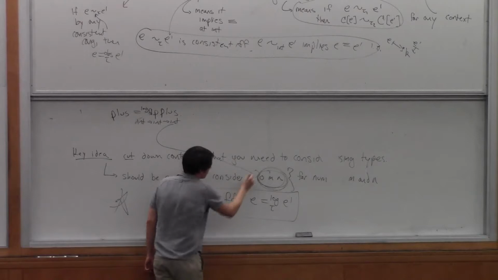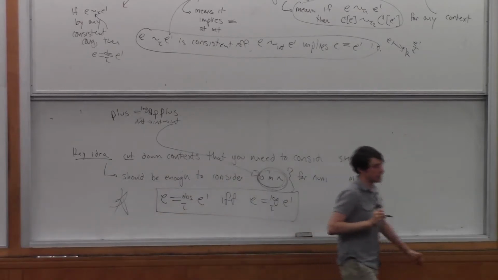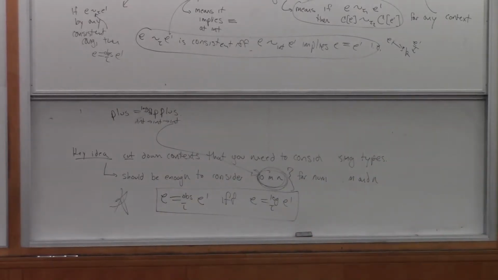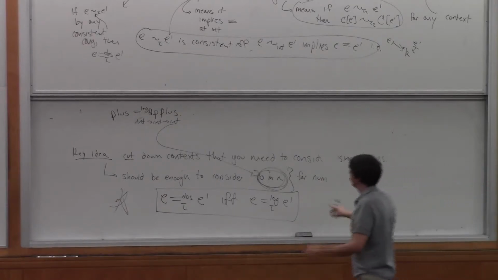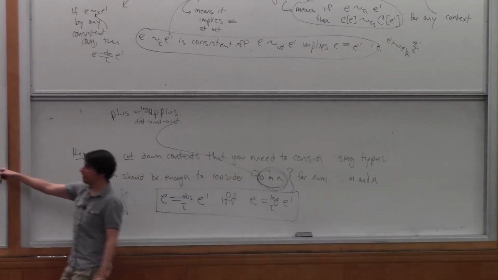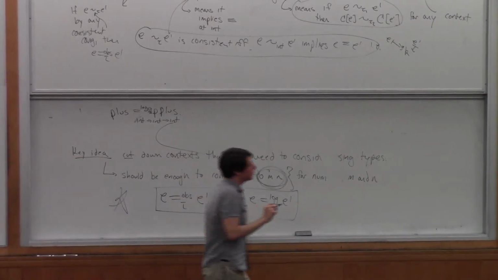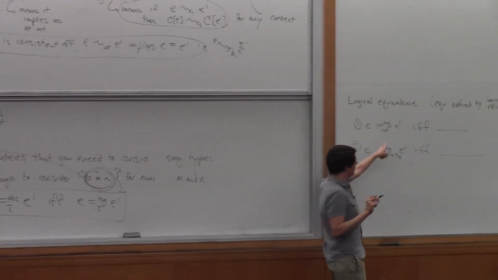And after a little bit of massaging, that'll mean that it sort of suffices to check that kind of thing. Okay? So what we're doing is we're setting up another definition, which is easier to establish. We want it to mean the same thing as this. So what should we say for int?